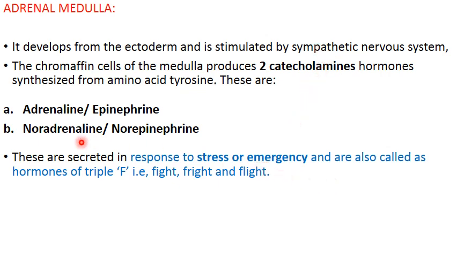So they are also called the hormones of triple F. You will fight because of the stress or fright, or you can flee from that stress. That means fight, fright, and flight. That's why they are known as triple F.